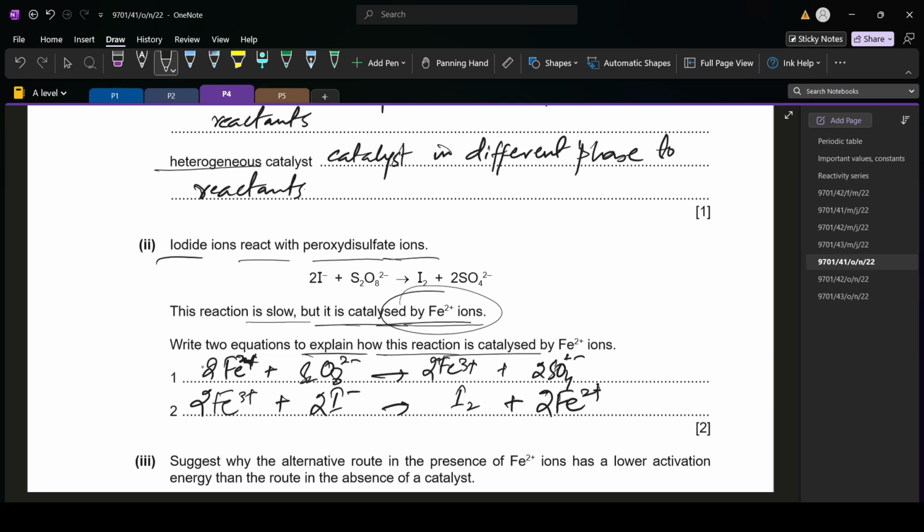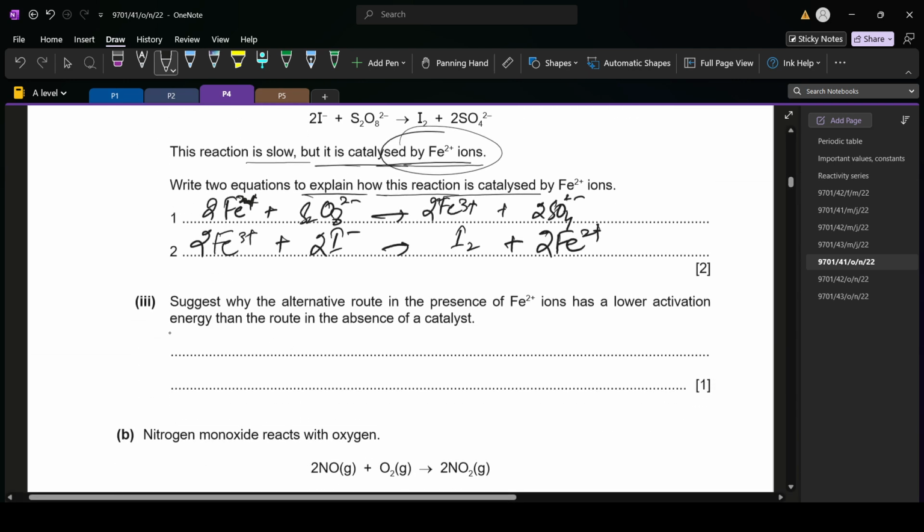So you can see that in the end Fe2+ ions are unchanged, so it is behaving as a catalyst. This Fe3+ reacts with iodide ions to oxidize iodide ions to iodine, and they themselves reduce to Fe2+ ions. So these are the equations.